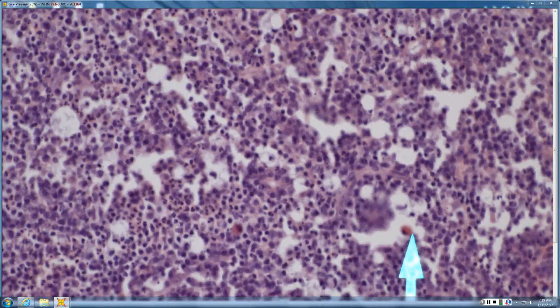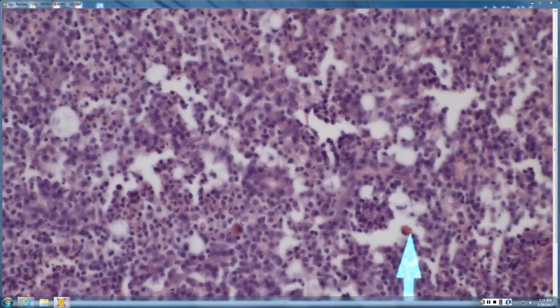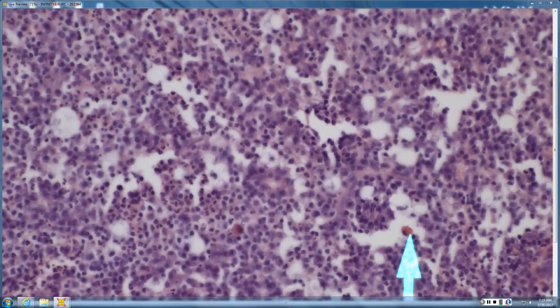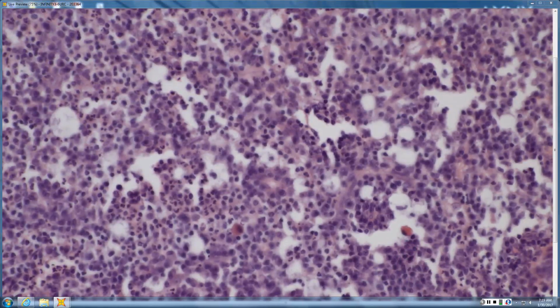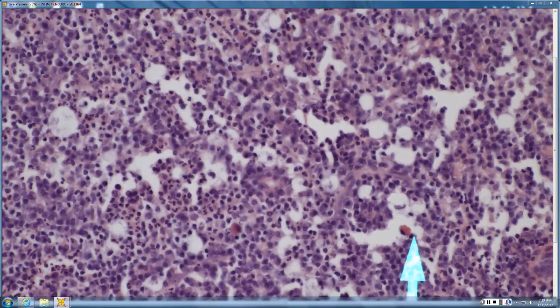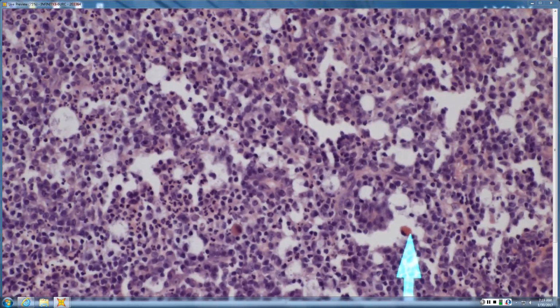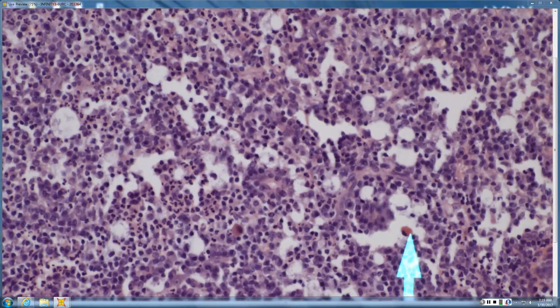You can note the pink swollen Russell body that's just full of immunoglobulin. And there are other types of cells too. There are Mott cells, where you have a Russell body with more aggregation, like aggregates of little cytoplasmic inclusions, and then there are Dutcher bodies. These are other types of alternate plasma cells.